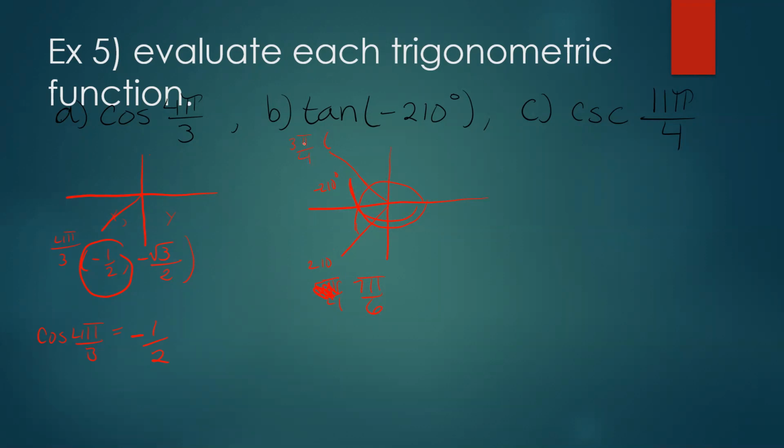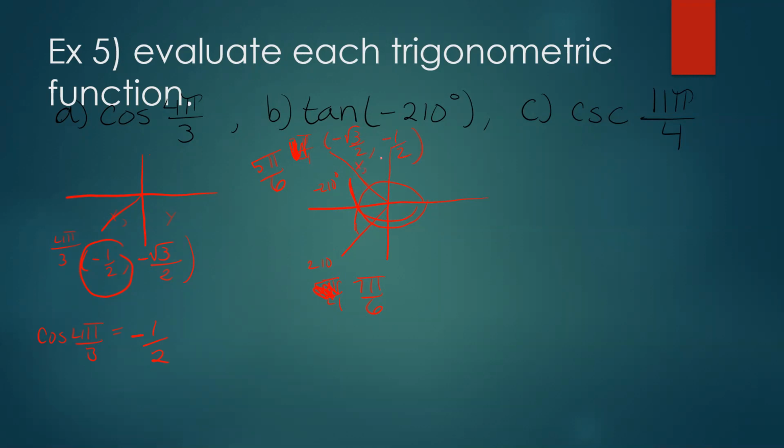So if you go negative 210, you're in quadrant 2. Where in the radians is the one that has a denominator of 6? 5 pi over 6, right? So 5 pi over 6 has a coordinate of negative radical 3 over 2, comma, positive 1/2. We've got to find the tangent.